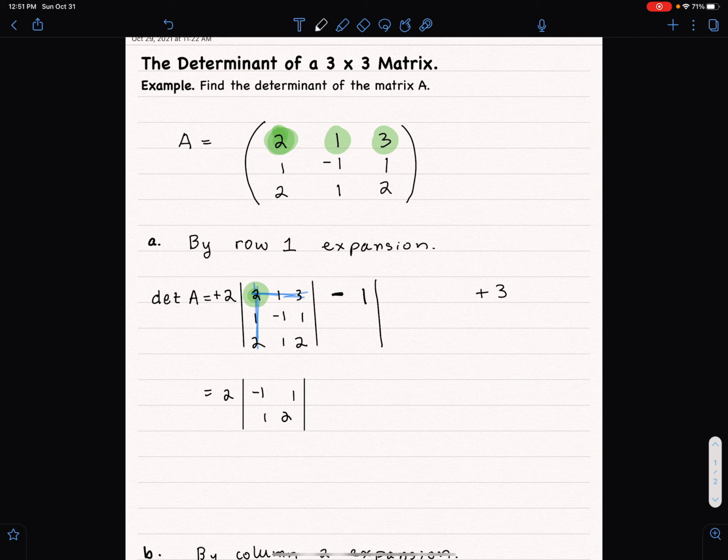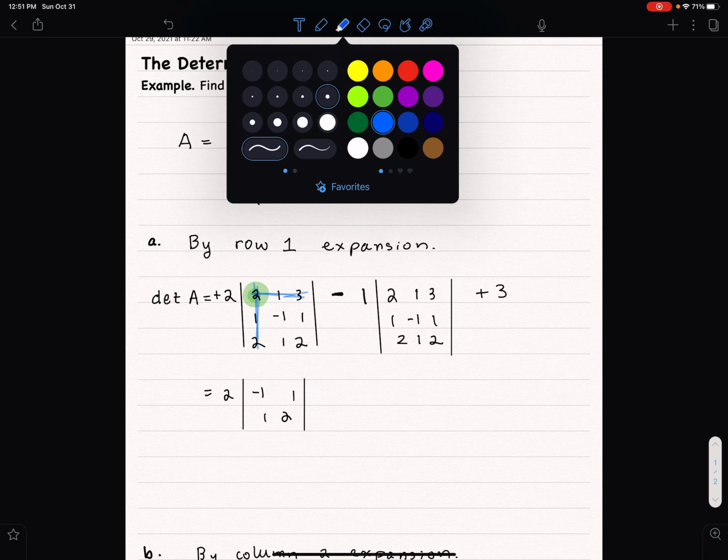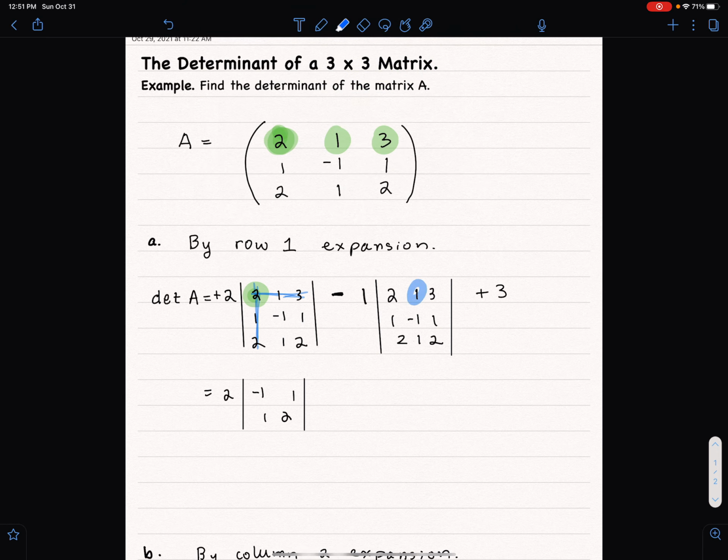And again, what I do is I take the original matrix A, so I'll quickly write that down. And now I'm at this guy here, this 1. Okay, that's why there's a 1 outside there. And I cross out the row and column that has the 1. Okay, so over here, I have this 1. I'm going to put down the 1 here, and then I'm going to cross out the row and column that has the 1.